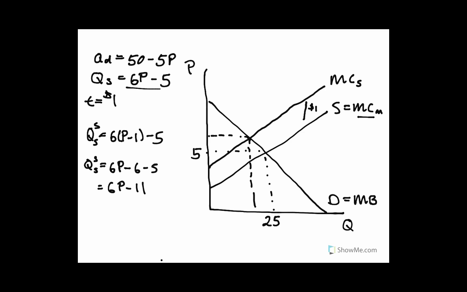So I'll go ahead and erase this now that we know what that is. So we have our social supply, QSS, is 6p minus 11. And by social supply, I mean that's like the socially optimal supply. That is the supply that truly represents the marginal cost of society for each unit.